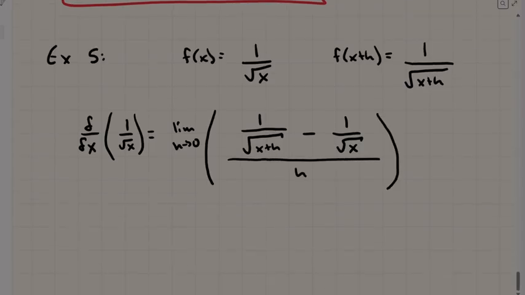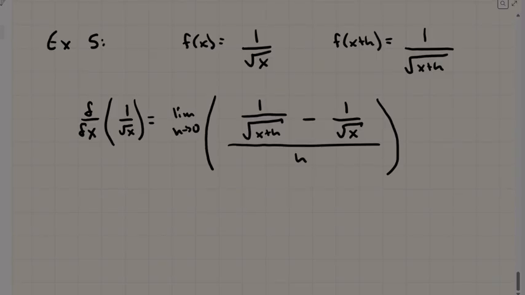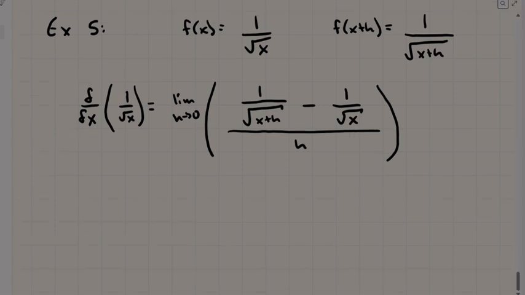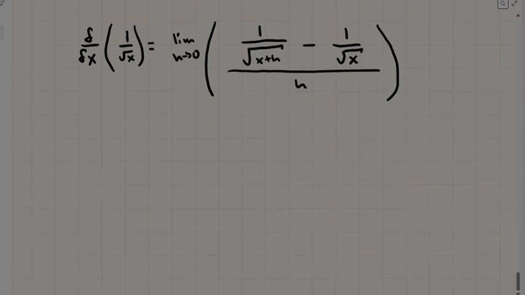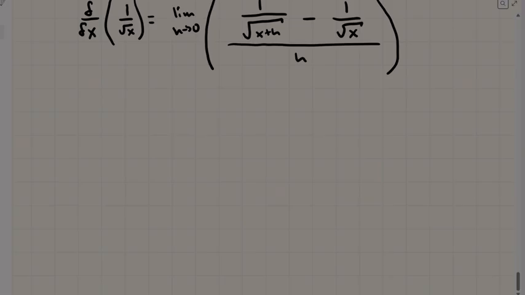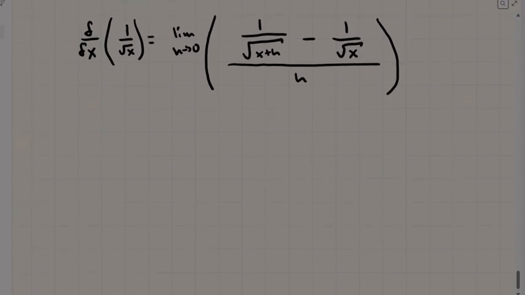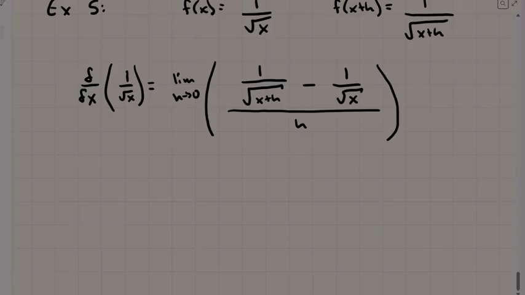Okay, so again, like the other ones, now we have this h in the denominator. We can't evaluate this limit because it would be dividing by 0. But what we can do, since we have this subtraction operation, that's going to be the only approach we can take to move forward.